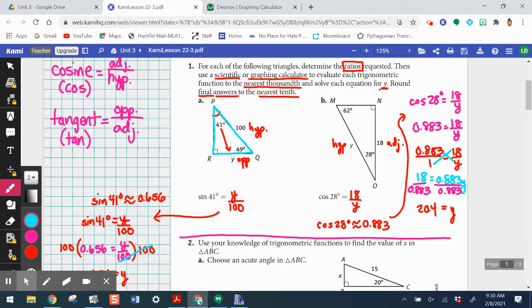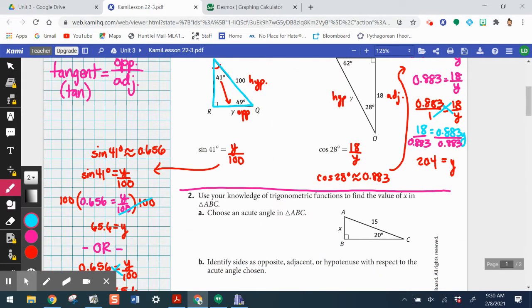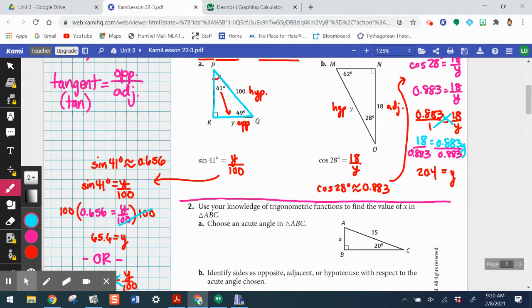So on item A, they ask us to find the sine of 41, and the main reason why, pun intended, is that we're looking for this side, RQ, which is opposite of 41 degrees, and we are given the hypotenuse, which is 100. It should make sense that we would use the sine function, because we're looking for the opposite side of 41, and we are given the hypotenuse.